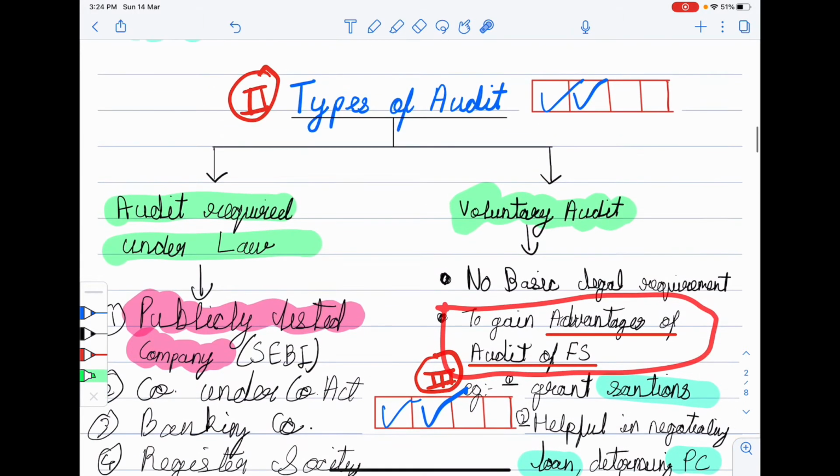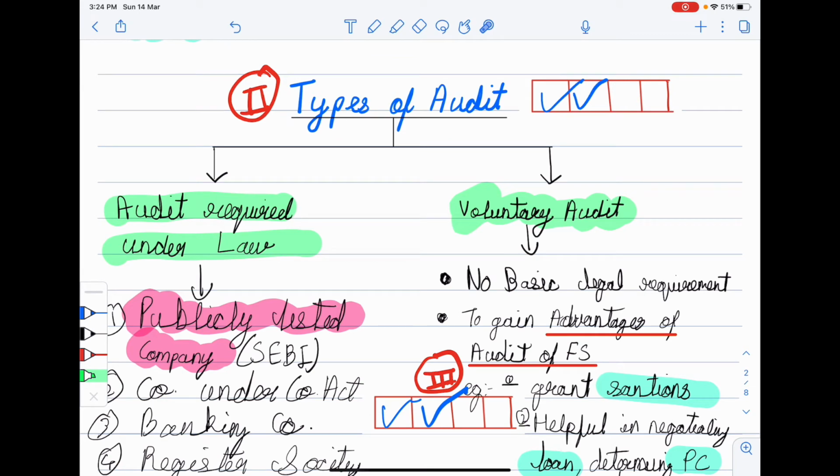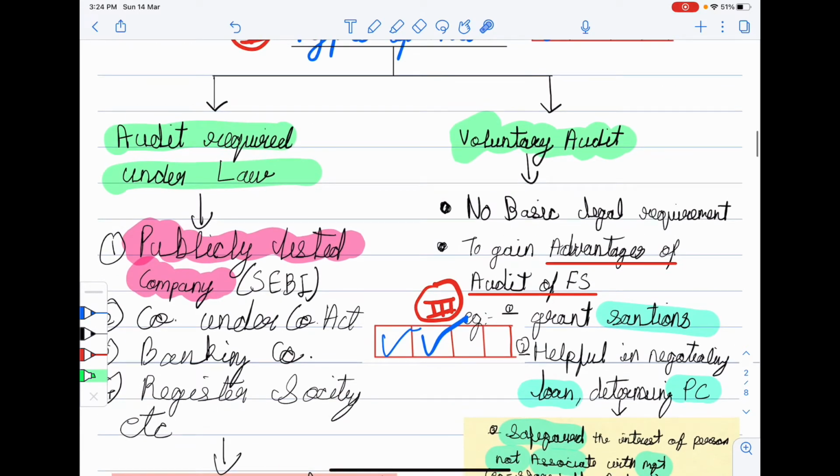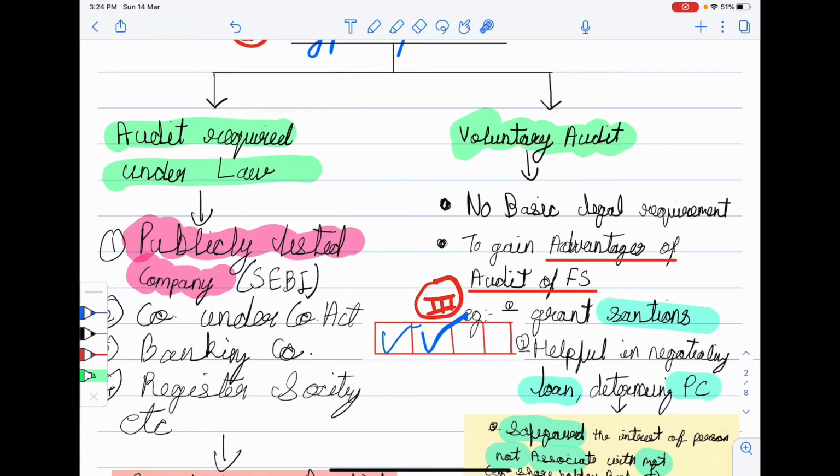Before that, we also learned one more question, that is, types of audit. Let's revise one time. We will both say it together. Explain two types of audit. Two types of audit are audit required under law and voluntary audit. Audit required under law makes it compulsory to perform audit for some companies.